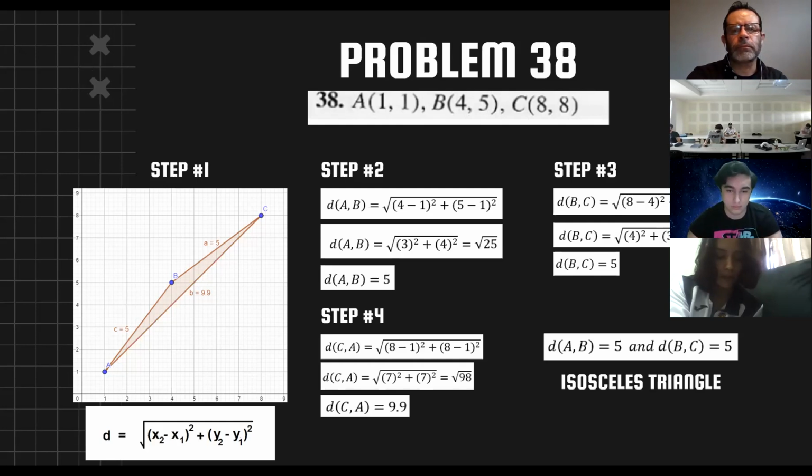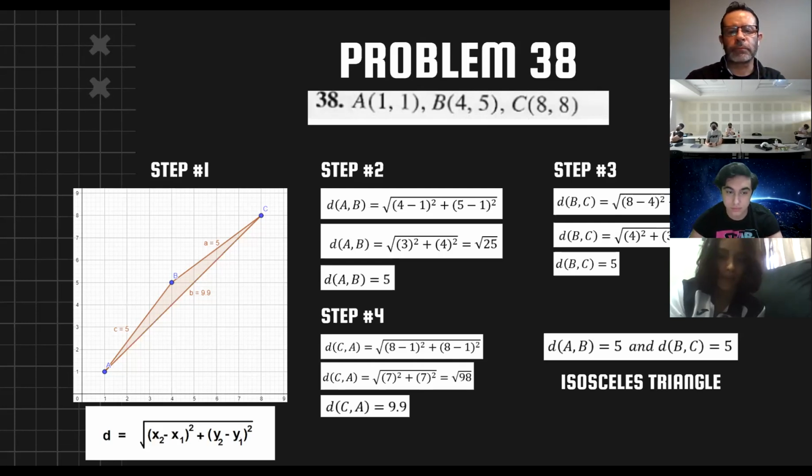And first we found the distance between A and B. So we have to replace the values given and that gives us the square root of 25, and it's equal to 5. Then we have to get the distance between B and C, that is the square root of 5.